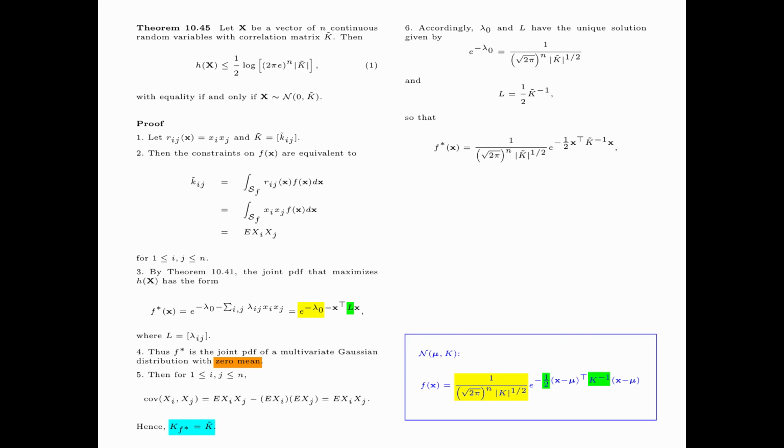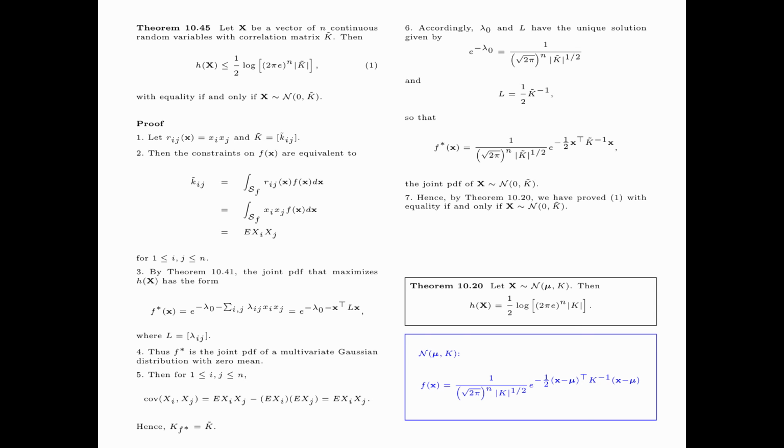So that f star of x is equal to 1 over square root of (2 pi)^n times the square root of the determinant of K tilde, times e to the power minus 1/2 x transpose times the inverse of K tilde times x, which is the joint PDF of the Gaussian distribution with mean 0 and covariance matrix K tilde.